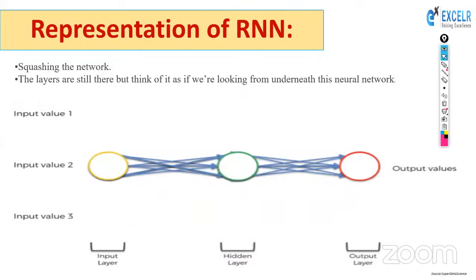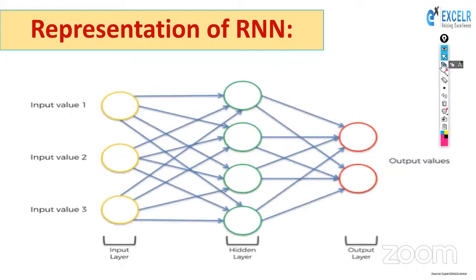The first step is to squash the network. How can you squash the network? Just imagine that you are looking at this network from underneath. That means you are seeing this neural network just underneath the input layer, underneath the connections, underneath the hidden layer, and underneath the output layer.